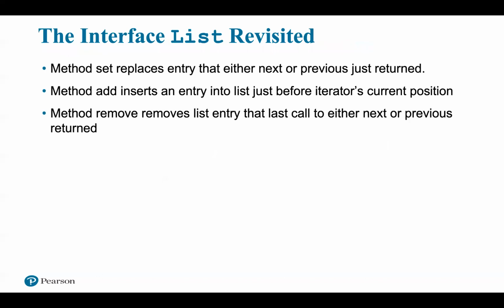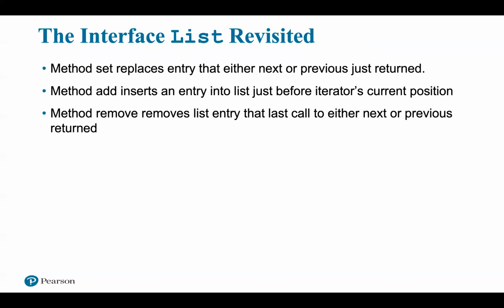And to finish up here, the interface List revisited. The interface java.util.List that we described in Segment 10.14 of Chapter 10 extends the interface Iterable, so it has the method iterator. Additionally, List declares the following methods related to iterators: public ListIterator<T> listIterator(int index), and public ListIterator<T> listIterator(). Each of the listIterator methods returns an iterator whose methods are specified in the interface ListIterator.